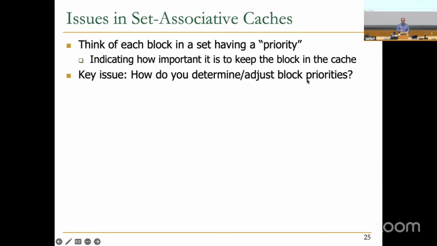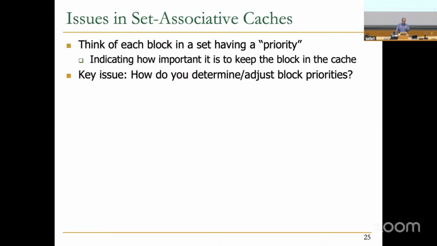Now that we have several blocks in one set, whenever you want to evict one of them, because your set might be full, for example, in a 2-way set associative cache you have 2 blocks in a set, both of them in use for different blocks, and then you have another block that you want to move to the cache, and you don't have space.